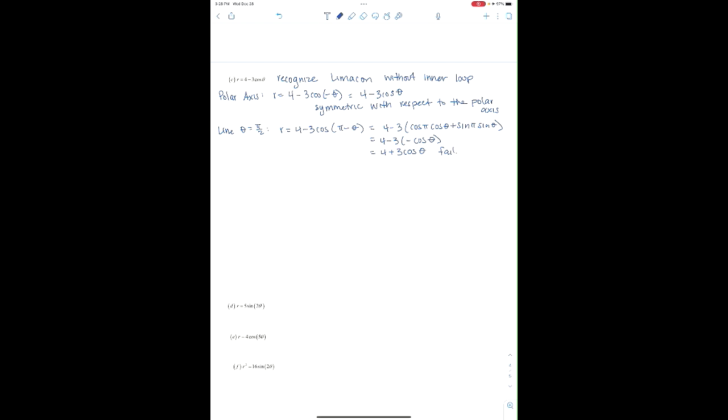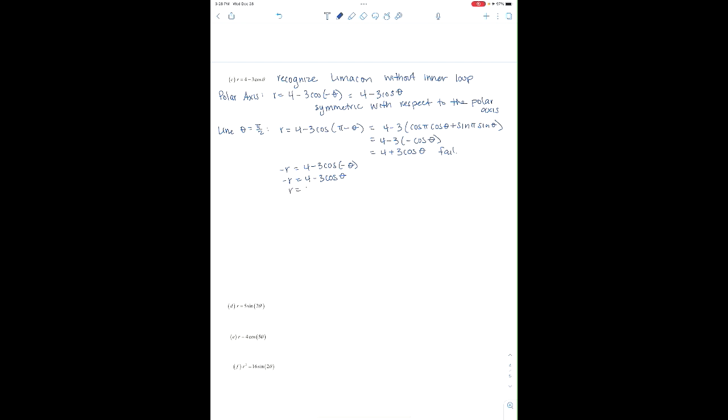Our other check on this would be if we plug in a negative r and a negative theta. So negative r equals 4 minus 3 cosine negative theta, which would give us negative r equals 4 minus 3 cosine theta.